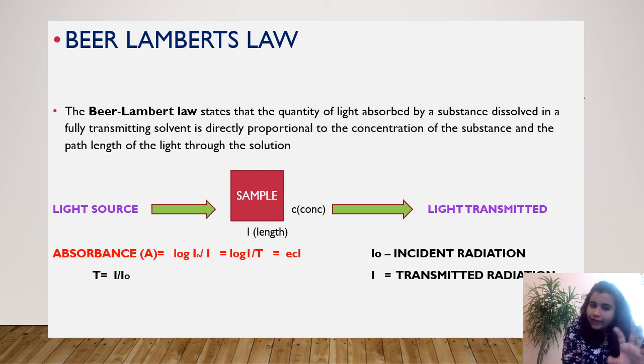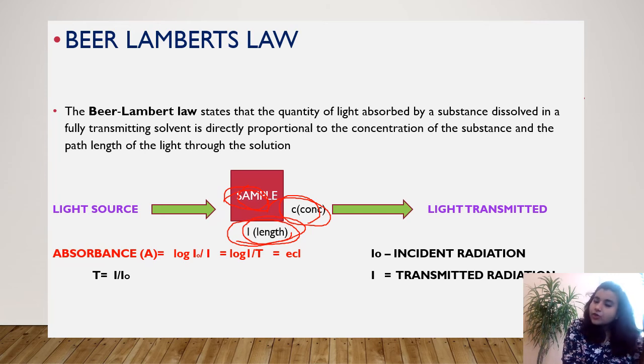Now say you have kept a sample here, right? Now this sample will be having a particular concentration C, yes or no? And L represents the path length of the sample, right? So if you expose the sample with radiation, then the amount of light absorbed by the sample is directly proportional to the concentration of the sample and the path length of the sample.